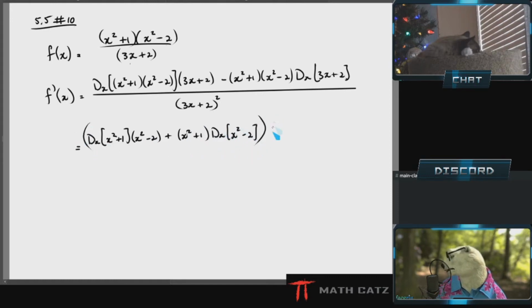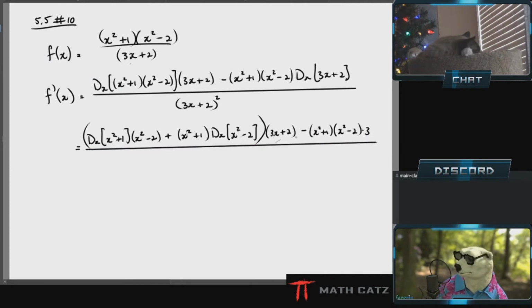All of that multiplied with 3x plus 2. And then the second term at the top, squeeze it in. It's just 3. All over. So yes, with more steps, you have to copy these other things down over and over and over. But at least you're safer and you have the right answer.